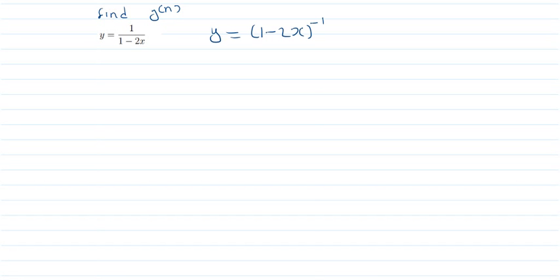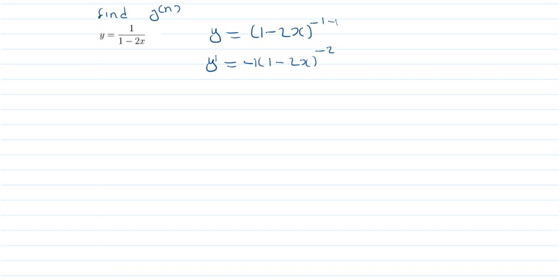So for the first part, we find the first derivative. Our first derivative here is going to be, we drop the power negative 1 and multiply it by the 1 on this side. When you drop it, you are going to have negative 1 multiplied by 1 minus 2x to the power, you subtract 1, you get negative 2.